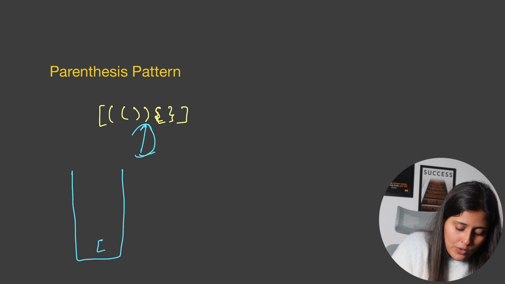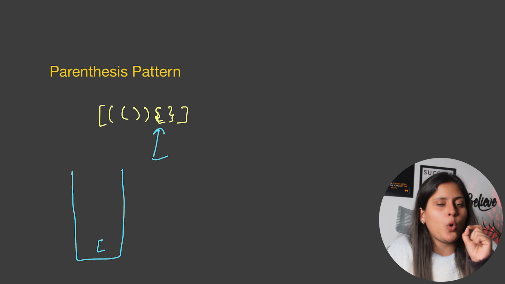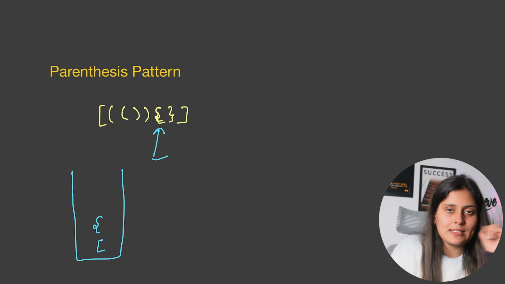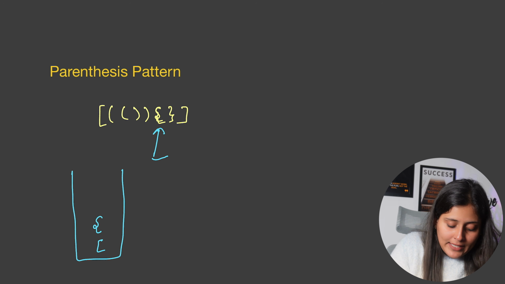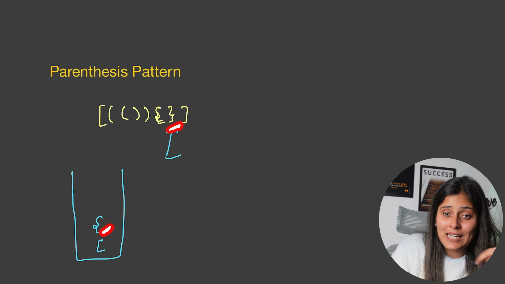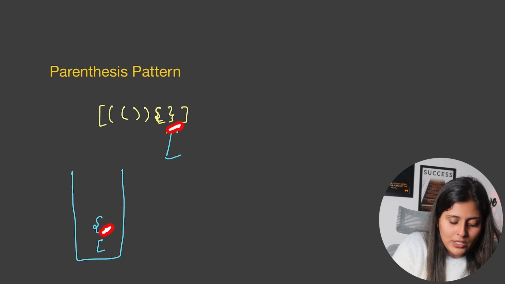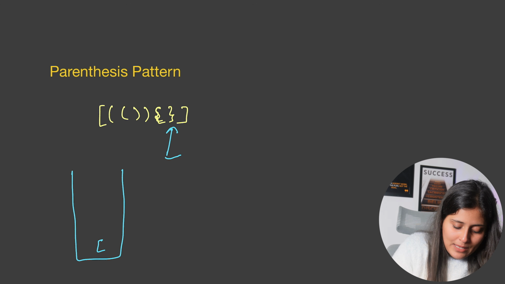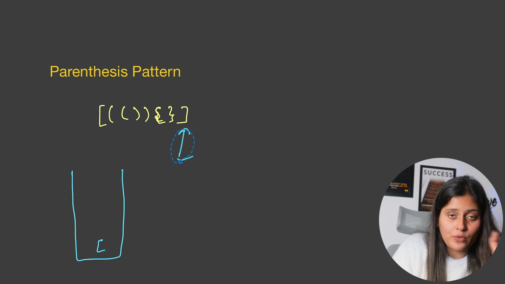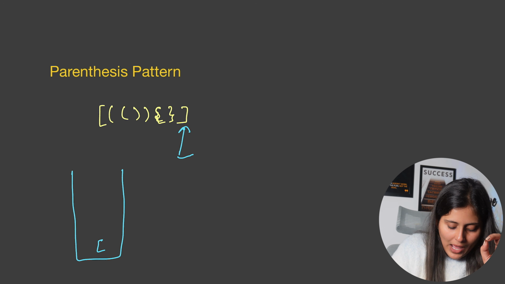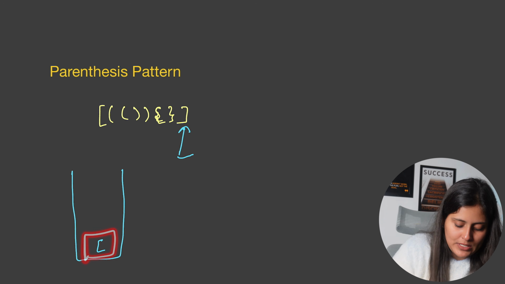Next time you will encounter an opening bracket, and in an opening bracket you will simply push it in the stack. You don't need to match anything. Next time you will find the closing bracket and the stack top element is also curly but open. Hence these are matching. You will simply pop this out. Next time you will move to the closing bracket of square, and in the stack you have the open bracket. Again you will simply pop it out.